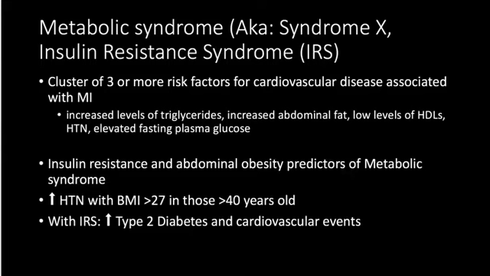Insulin resistance and abdominal obesity are predictors of metabolic syndrome, when hypertension is increased and BMI is over 27 in those over 40 years of age. That's why looking at the BMI and the other end is very important. With this insulin resistance syndrome, type 2 diabetes is on the increase.